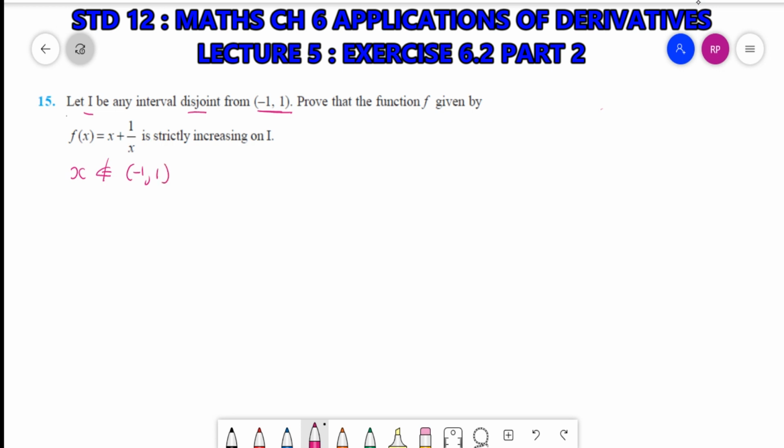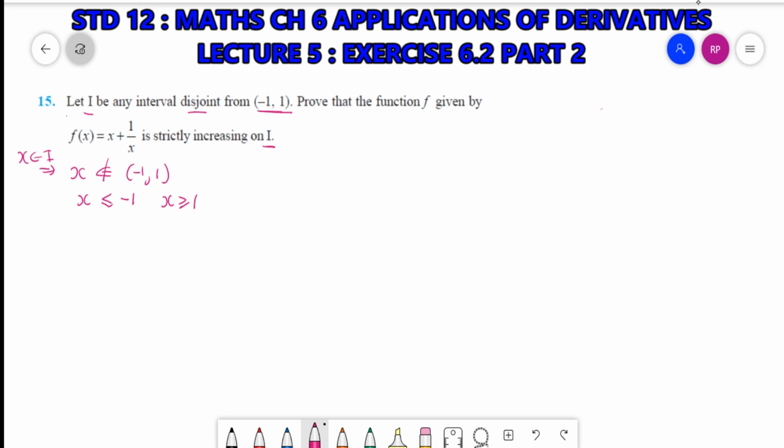Okay, if x belongs to I, so I'm writing x belongs to I, that implies x does not belong to this. Okay, so I can write down x is either less than or equal to minus 1, because open interval it is, or x is greater than or equal to plus 1 because it does not belong to interval minus 1 to plus 1.